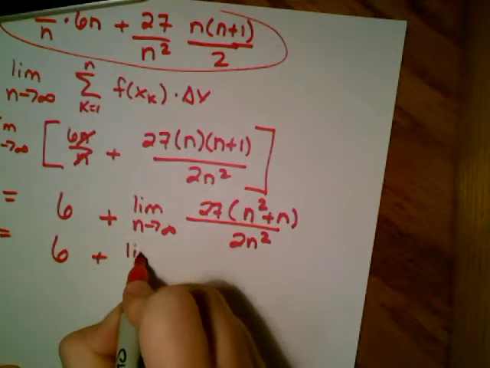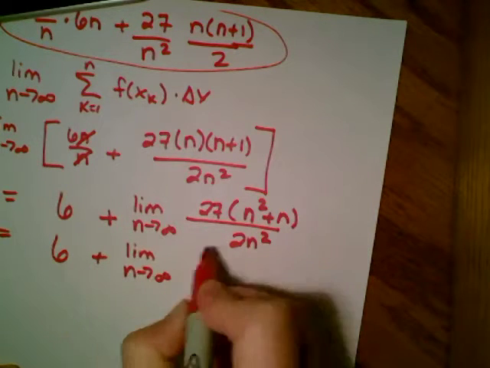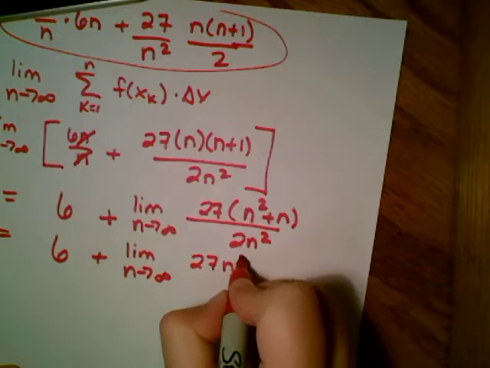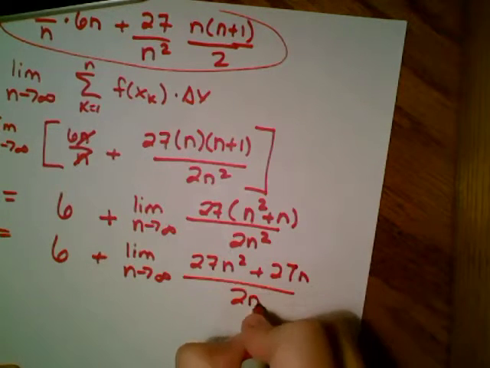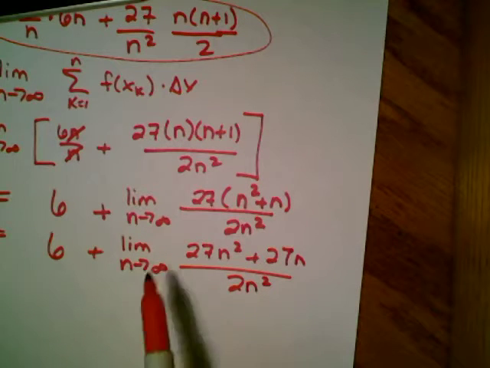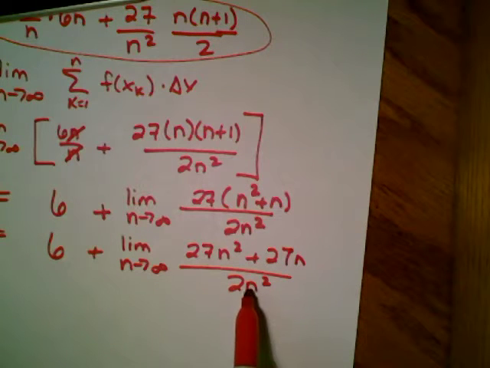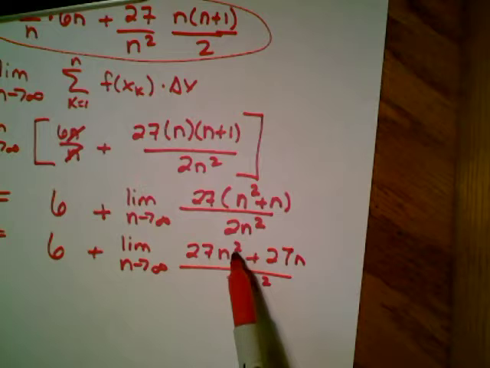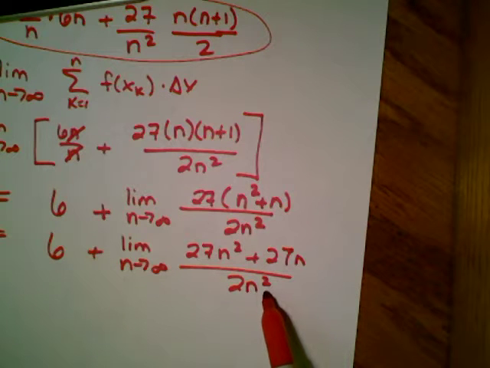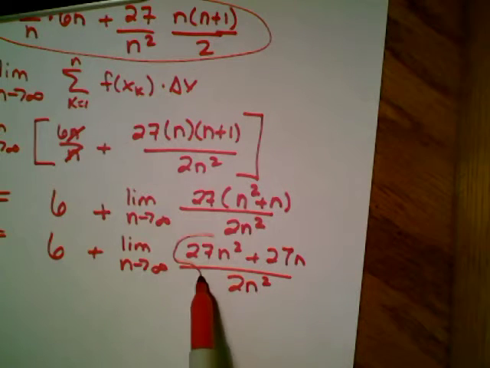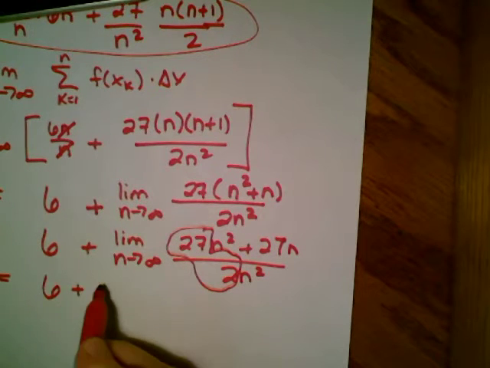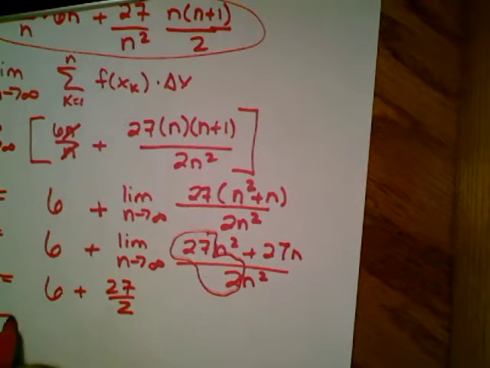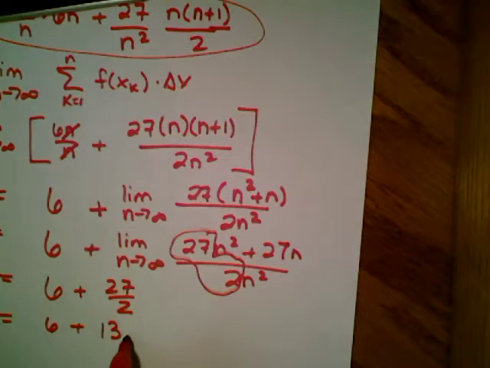And if we still don't see it right away, we can multiply through the parentheses, and we have this degree 2 polynomial up top. So this limit exists because the degree of the polynomial on top is the same as the degree of the polynomial on the bottom, and the limit is going to end up being the ratio of the leading coefficients, 27 over 2.